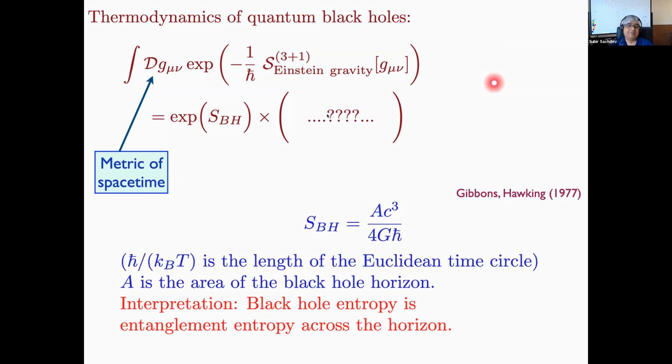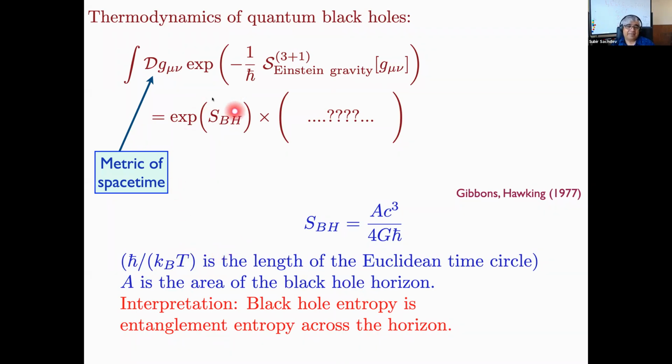Somehow they'll be fixed up, and just evaluate this at the saddle point. And they took the saddle point in Euclidean time, where h bar over kT was the length of the thermal circle. And this is, in fact, the only place that h bar and T appear in the calculation, just from the length of the Euclidean time circle.